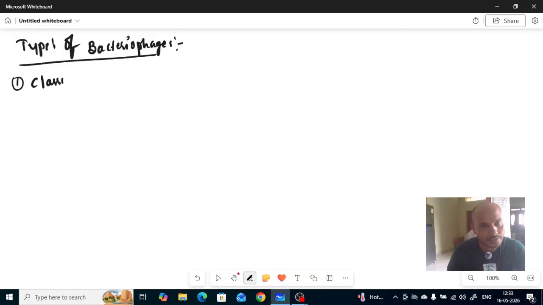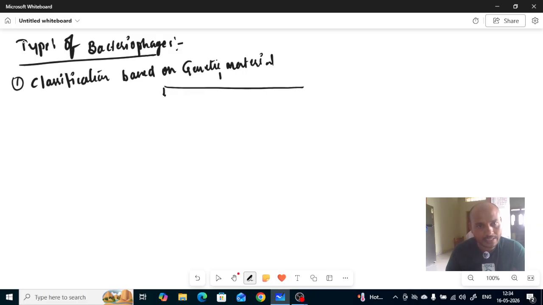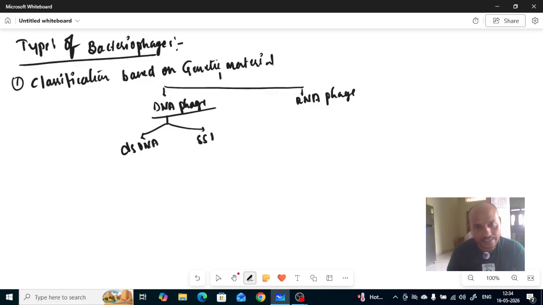Based on genetic material, bacteriophages are classified into two groups. Some bacteriophages have DNA as their main genome, hence DNA phage, and the second is RNA phage. Most bacteriophages have DNA as their genetic material, and in DNA we have two types: double stranded DNA and single stranded DNA.